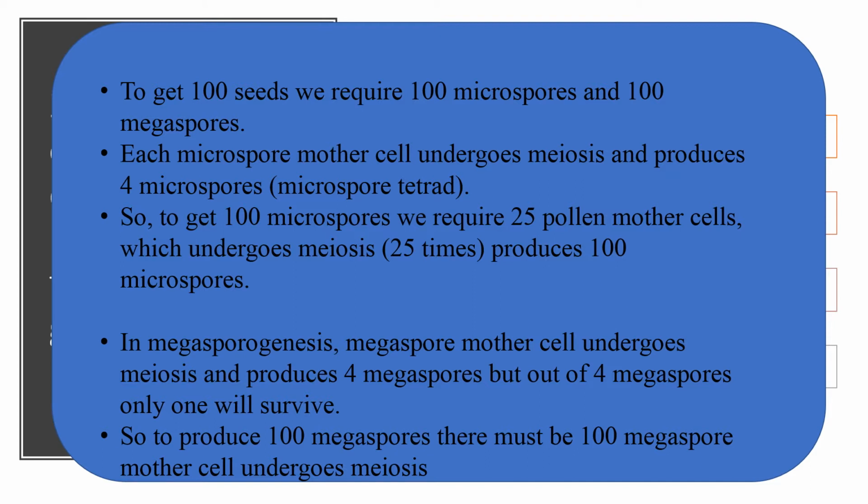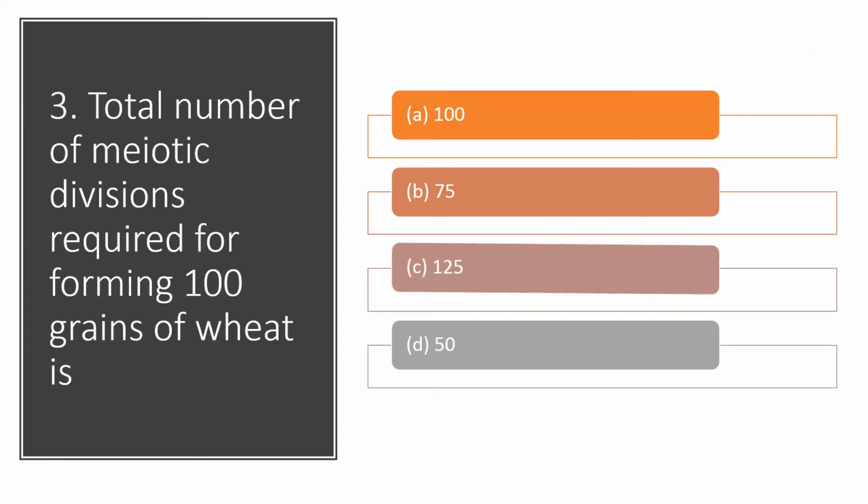So in the case of female, that is megaspore, 100 meiotic divisions, but in the case of microspore, 25 meiotic divisions. So together, 125 meiotic divisions are required to produce the 100 grains of wheat. The correct option is C. 125 meiotic divisions are required.